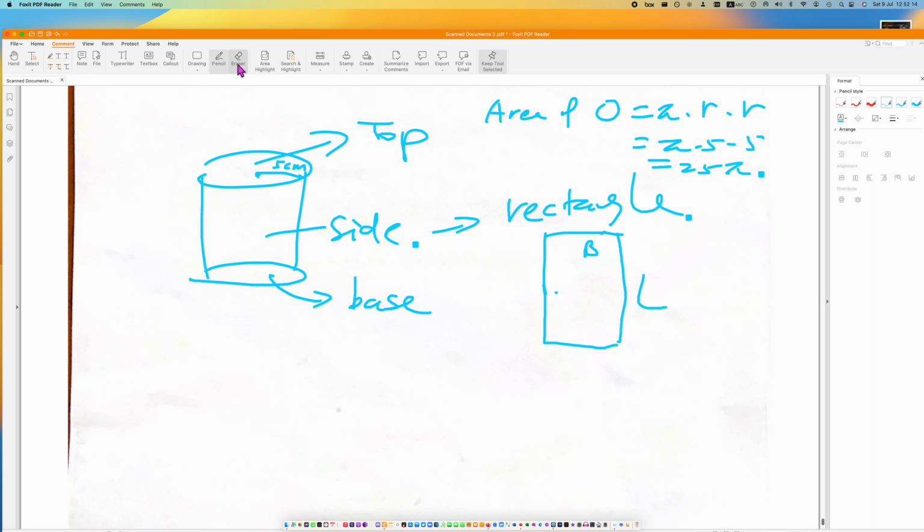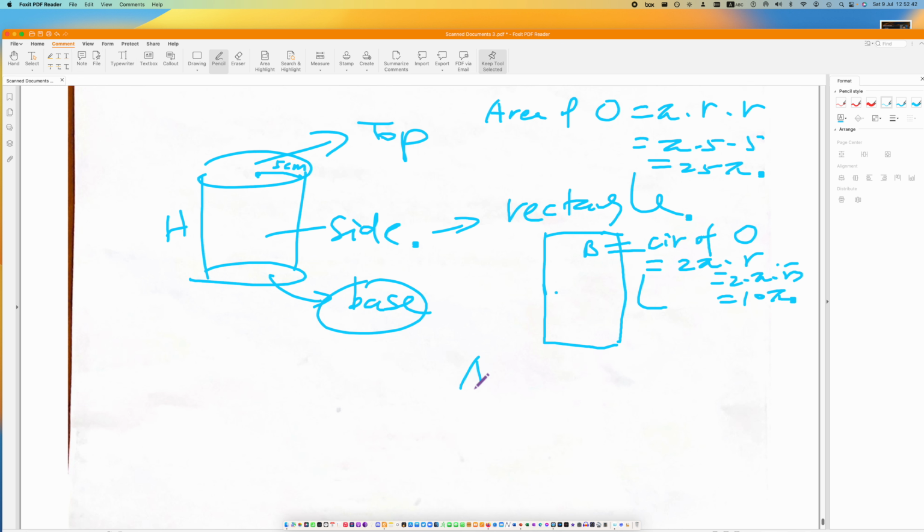So I just need to find the circumference of the circle. The circumference of the circle is 2 pi r. So 2 pi r in this case is 2 times pi times 5, so it's 10 pi. L is the height of the cylinder. Okay? Right? So the base, same thing.